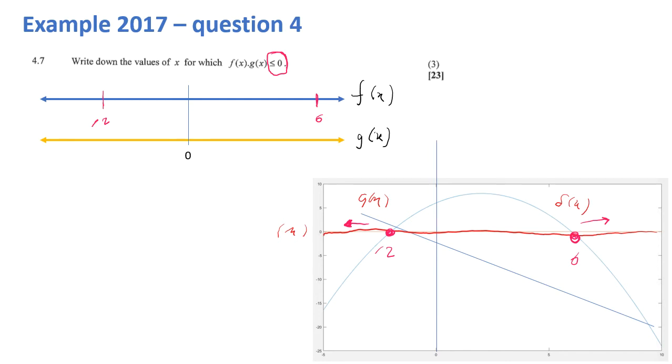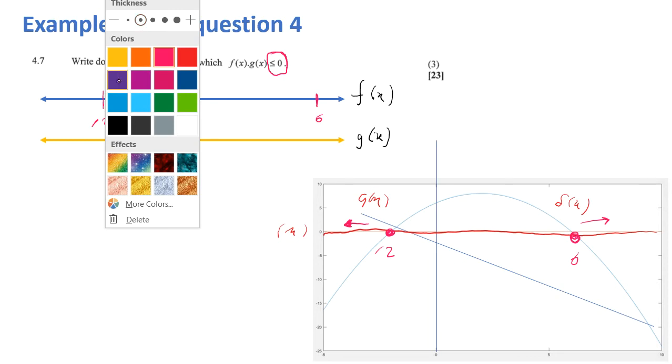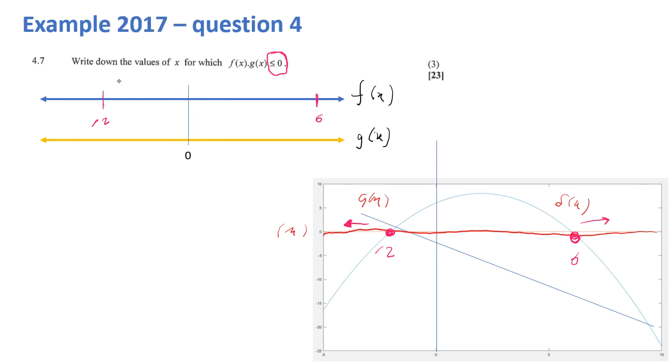So the values corresponding to this function value, where this parabola is smaller than or equal to 0, are from and including the point -2 and smaller, but also including the point 6 and larger than 6.